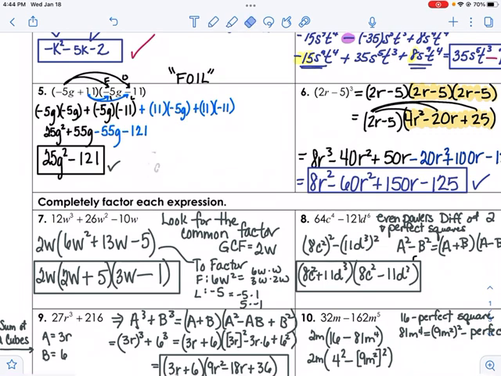That's what that turns out to be. So if I were to factor the final answer and go backwards, I would get -5g plus 11 and -5g minus 11 as the two factors, because this is the difference of two squares.